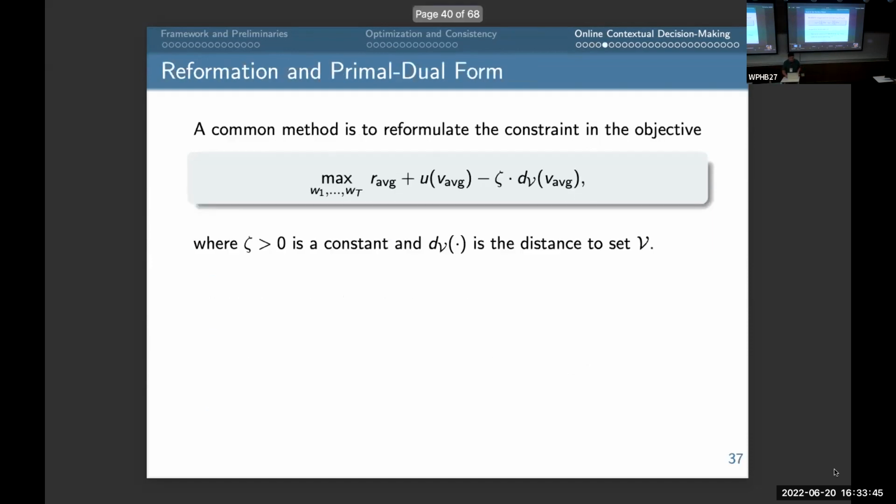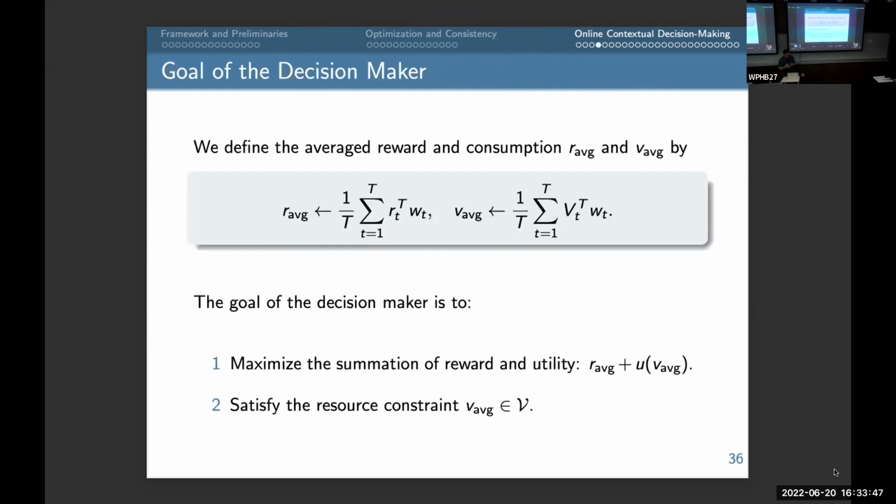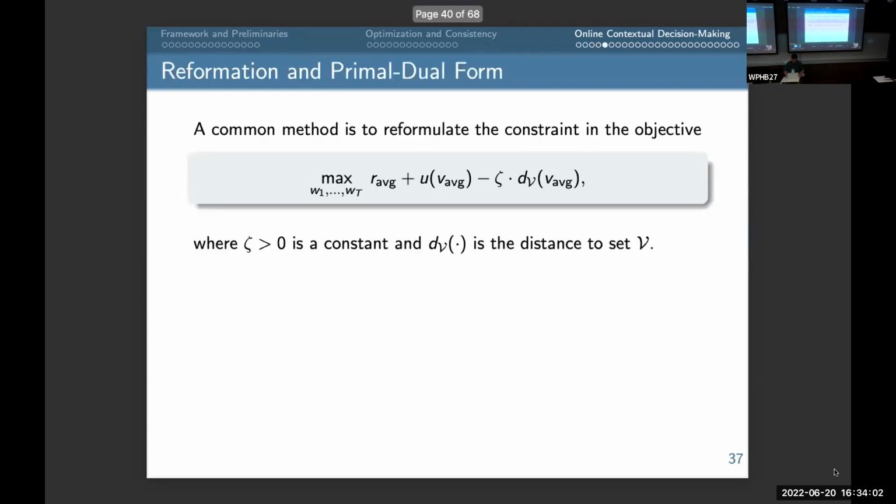I'll get to that. We consider two cases. We consider hard constraints, where you must stop the algorithm as soon as you leave the set, and we also consider soft constraints, where we look at bounding the infeasibility.